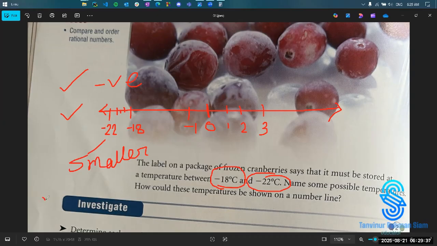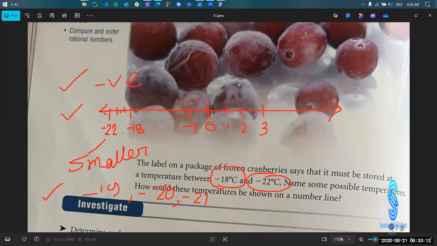The third point: we can write it down here. It will be any temperatures, like -19 degrees Celsius, -20 degrees Celsius, -21 degrees Celsius. These particular numbers are situated in between -18 and -22.